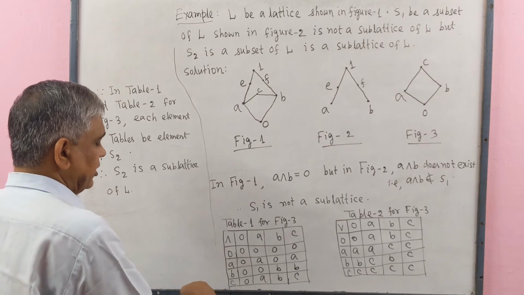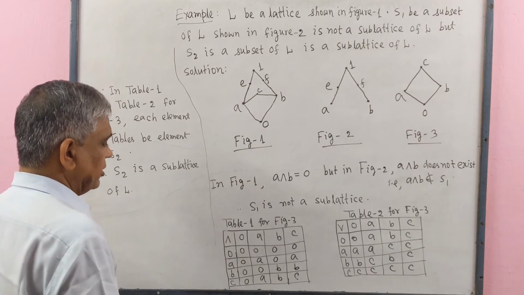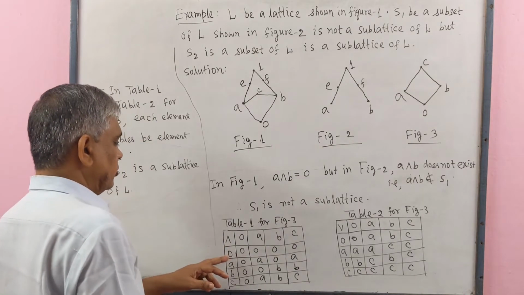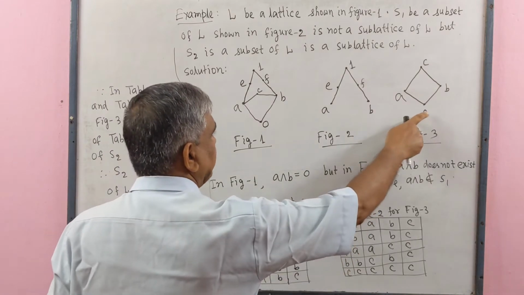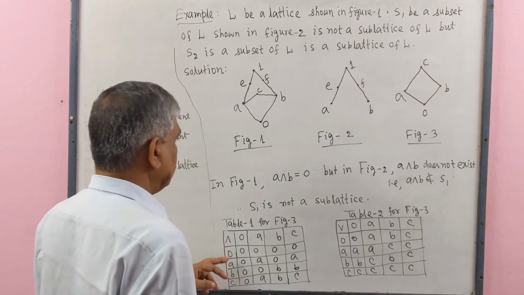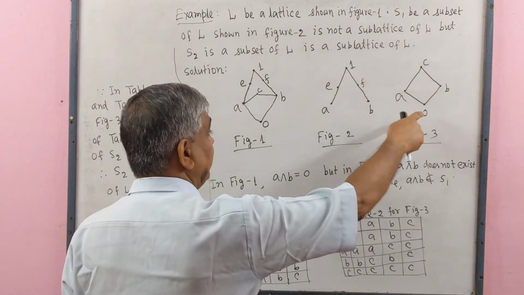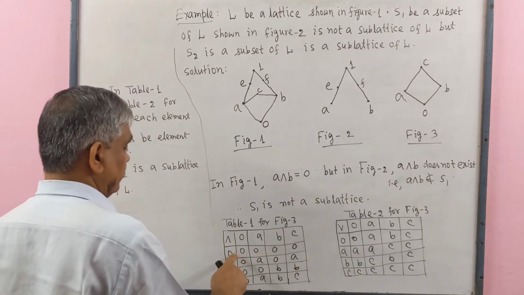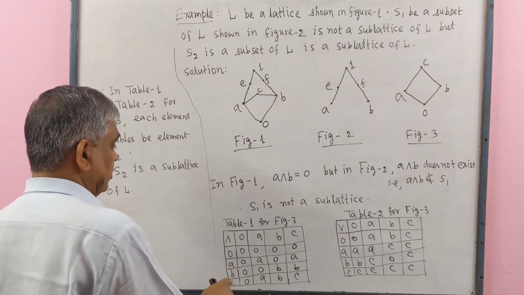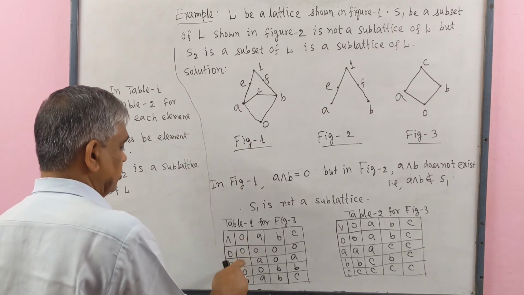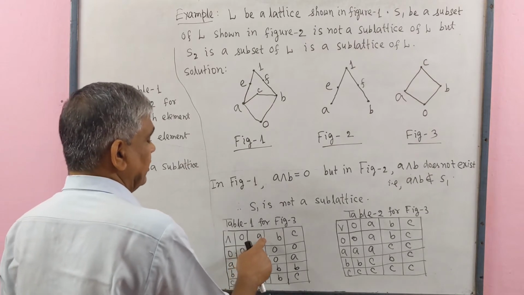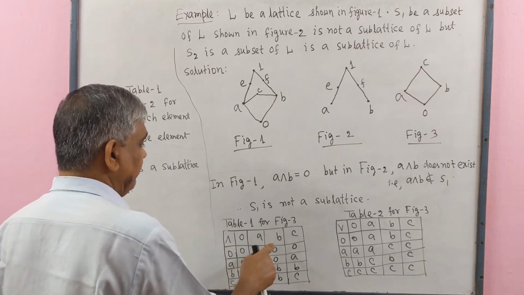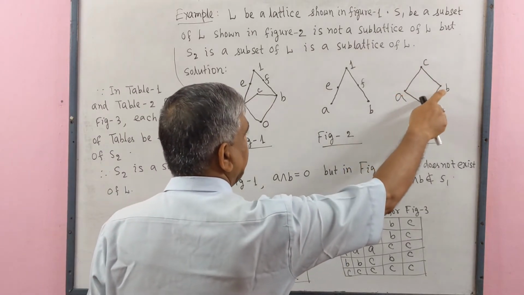Now we take meet. Here 0 meet 0 gives 0, 0 meet any element is 0. So we have written here 0. Now a meet 0 is 0, a meet a is a.